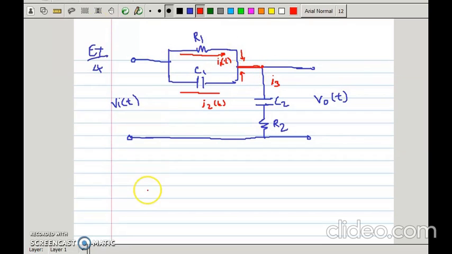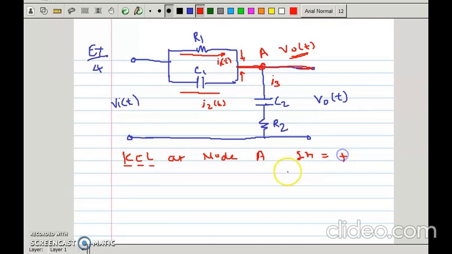Let's start. This is a point we consider as node A, where the voltage across A is Vo of t, because there is no component in this branch. Let's apply KCL at node A. KCL is Kirchhoff's current law, where incoming current is taken as positive and outgoing current as negative.